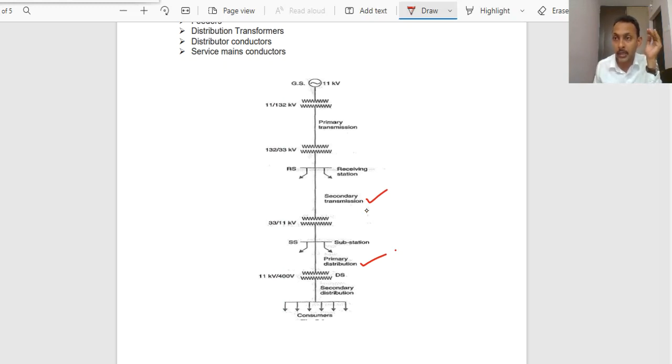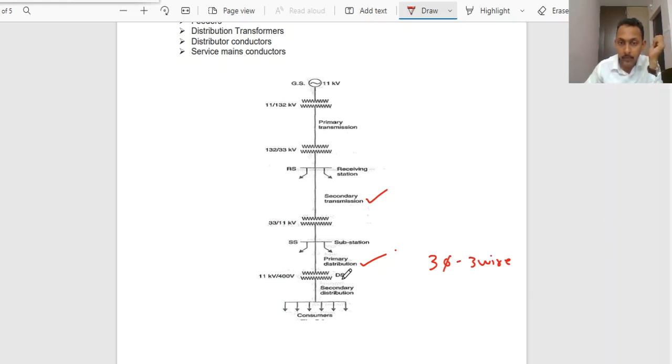Now these 11 kV lines will be running along the road side. These 11 kV lines will be of three-phase 3-wire system.